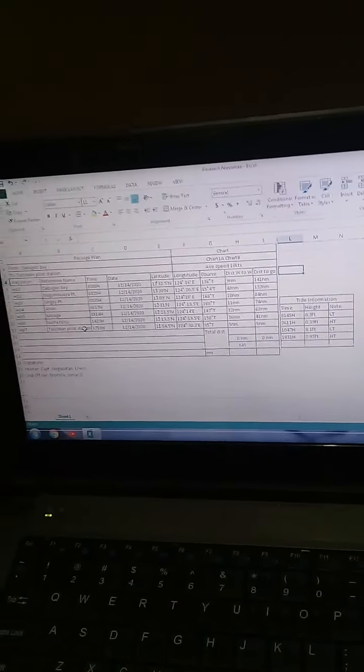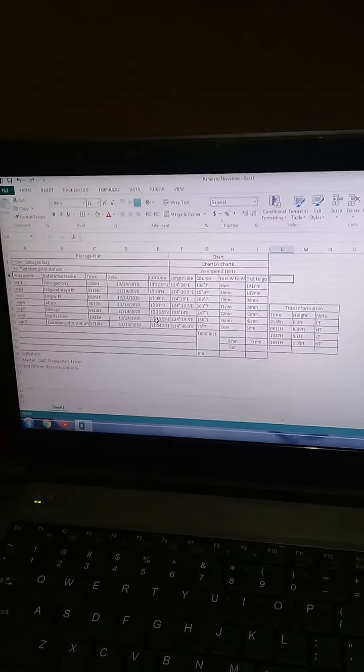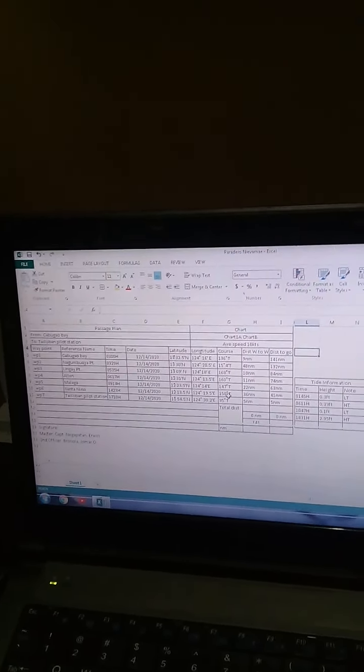And then the sixth point is Santa Niño Point, 1423 hours, date the same, 12 degrees 13.5 minutes north, and longitude of 124 degrees 19.5 minutes east, and course of 150 degrees true, and distance of 36 nautical miles.